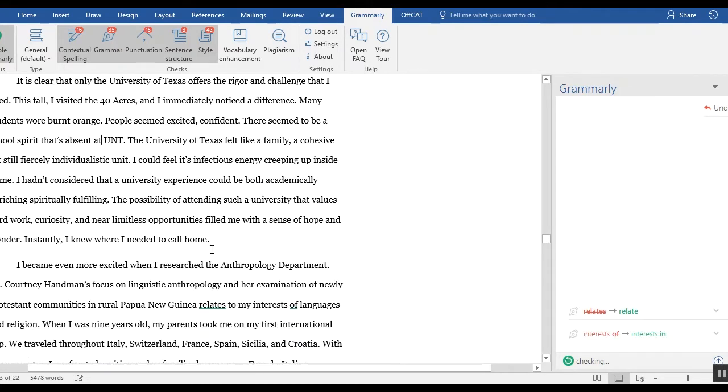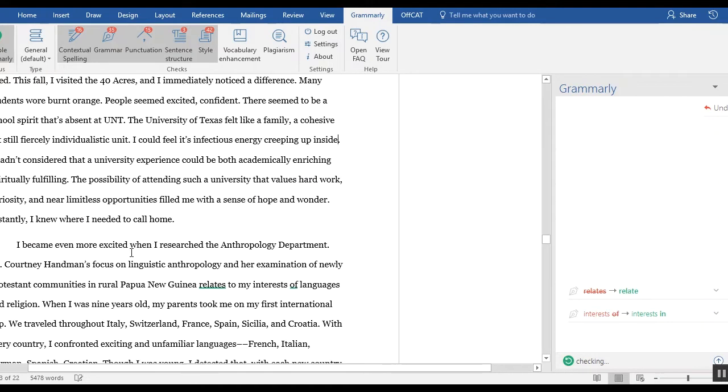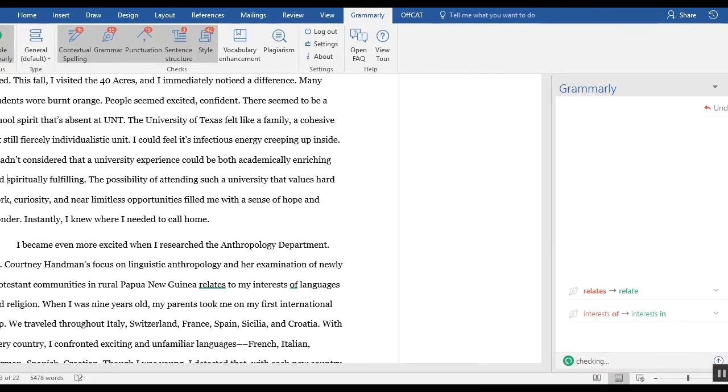I could feel its infectious energy creeping up inside. I hadn't considered that a university experience could be both academically enriching and spiritually fulfilling.